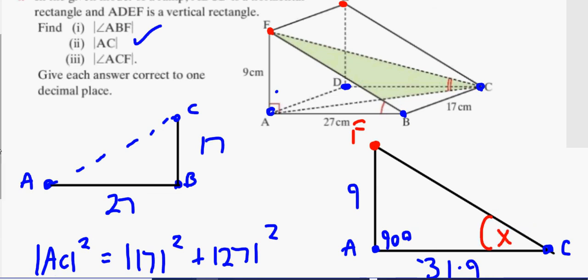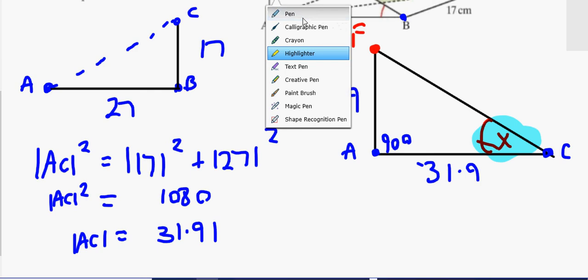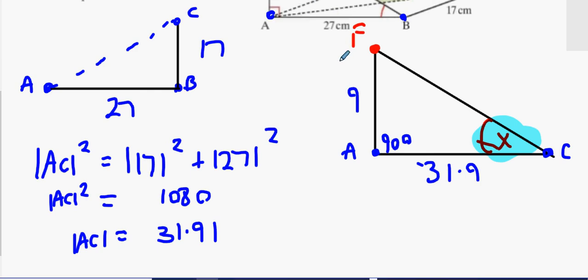So how do you do this one, Joe? Pythagoras' theorem will get you the length, which is grand, but I'm after the angle. It's a right angle triangle, so think SOHCAHTOA. Which function do you want to use? Sine, cos, or tan? Tan.